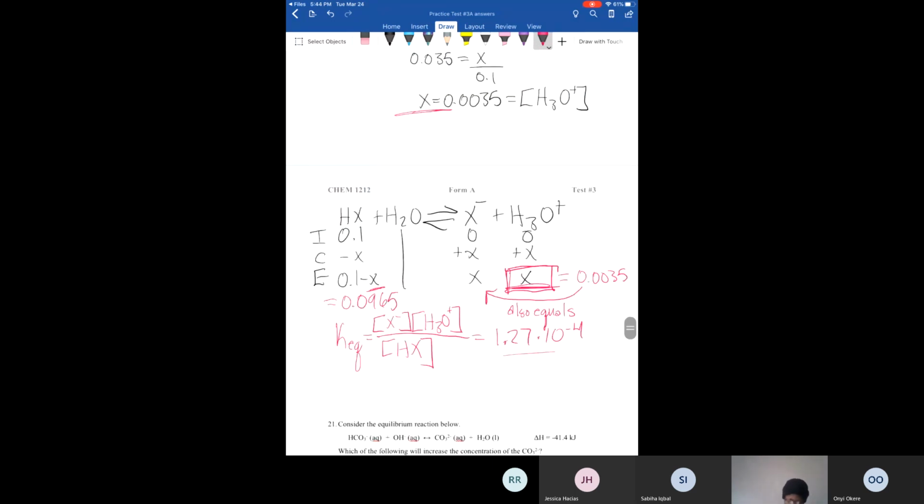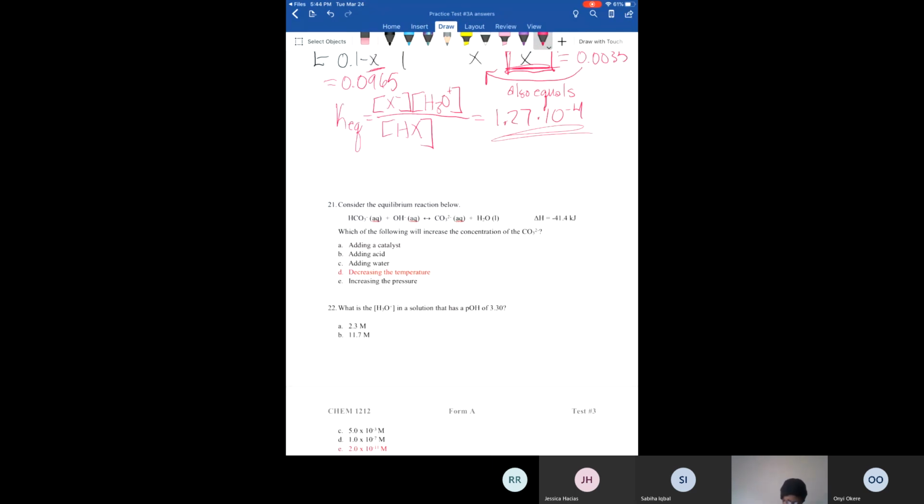Consider the equilibrium reaction below. Which of the following will increase the concentration of CO3? Adding a catalyst. Remember, no, it never affects the equilibrium. Adding acid. The acid in this case is HCO3, that's your acid. Adding acid will not increase the concentration.